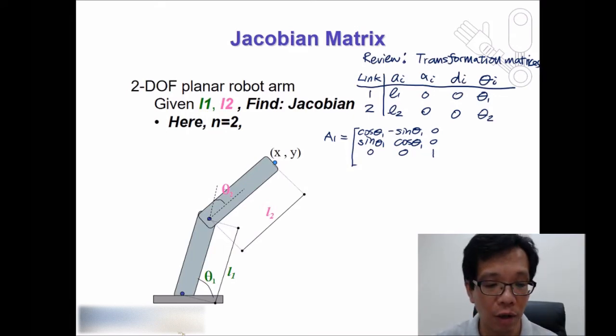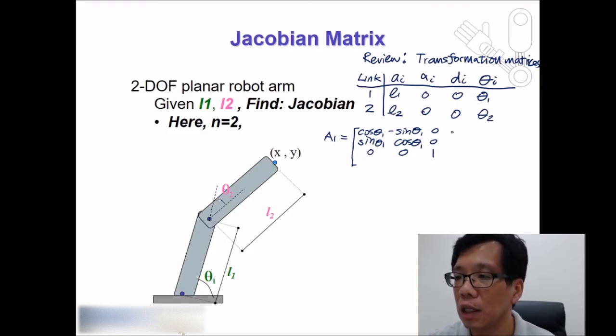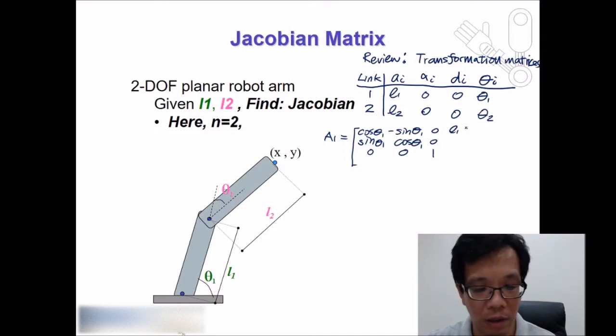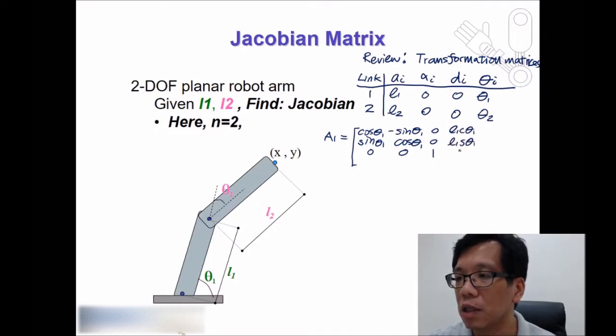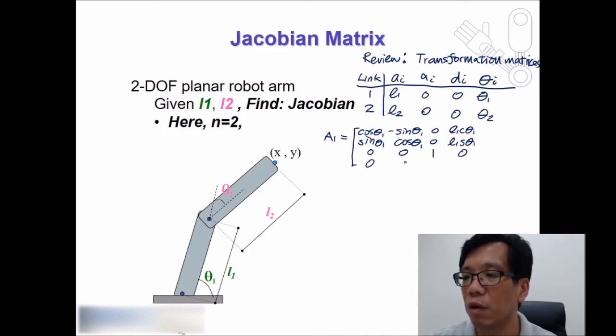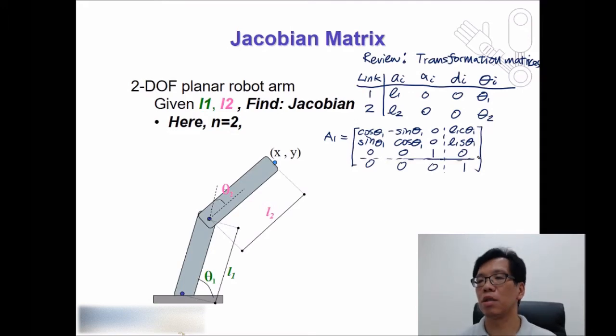And we are not having any linear movement along Z. So the movement over here is only L1 cosine theta 1, L1 sine theta 1, and 0. The fourth row over here is going to be something like this. This is going to be my A1 matrix.